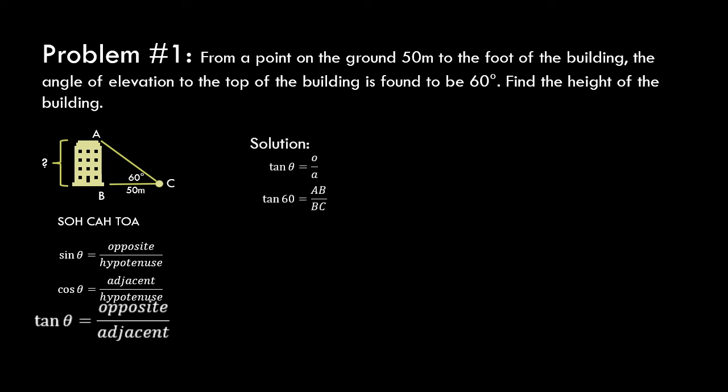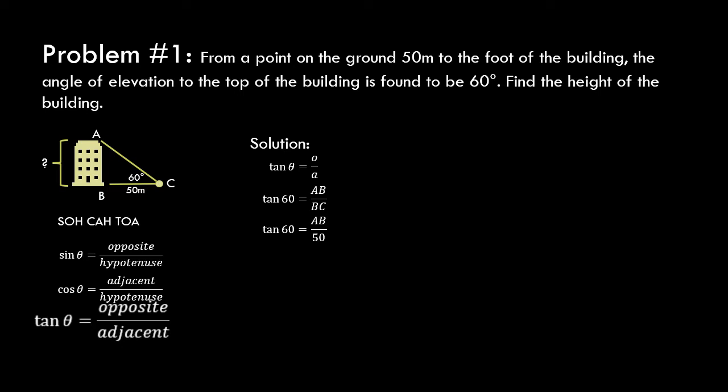we use tangent theta, and we are going to substitute theta by 60 degrees, since that is our angle, and our opposite side is side AB, while our adjacent side is side BC. And we know that the value of side BC is 50 meters, so we're going to substitute that in our equation.